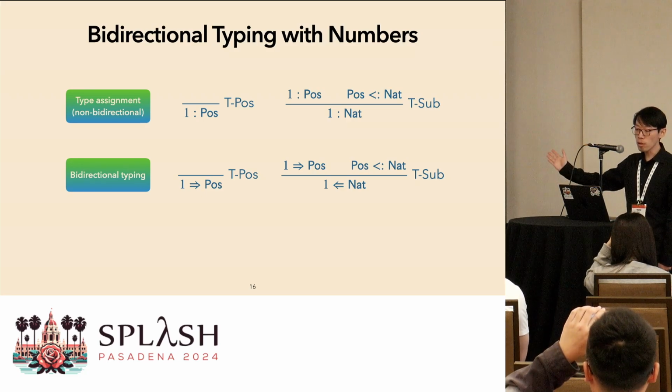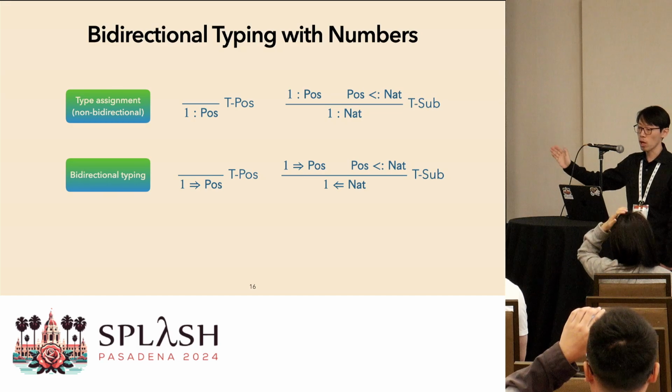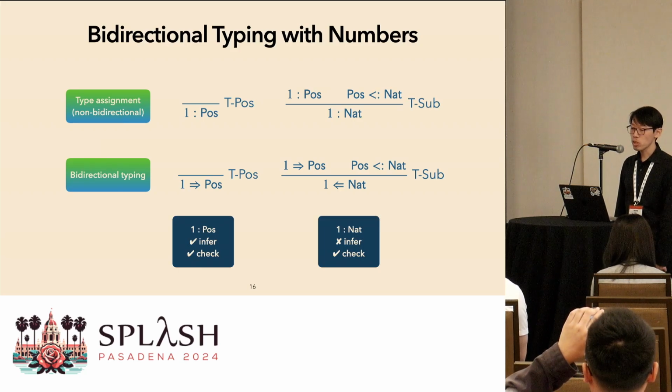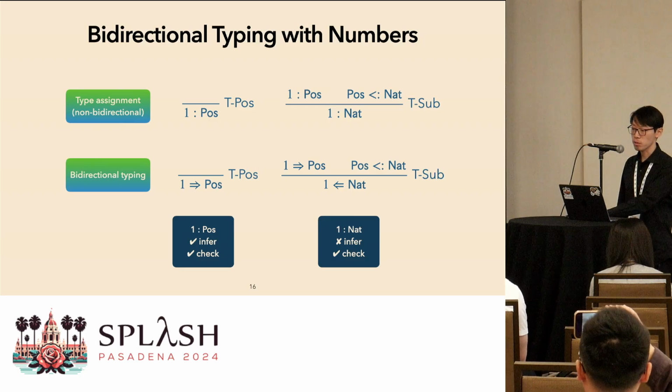And if you want neg, then you can check 1 against type neg, and the subsumption rule will help you do that. In short, 1 can be inferred to be type pos and also checked against it, but 1 can only be checked against neg, and cannot be inferred to have type neg.